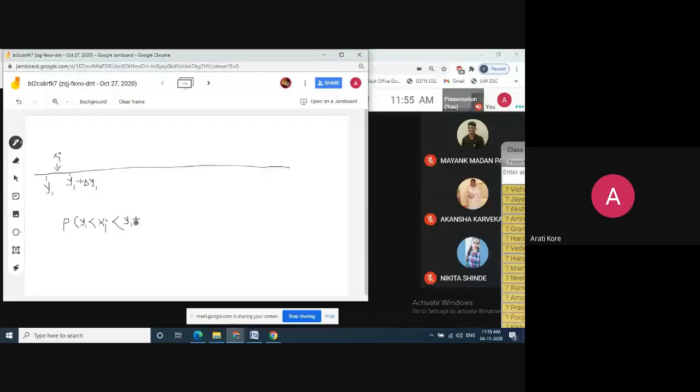This probability, see, anyhow, I know the distribution of xi's, and hence I know the cumulative distribution of xi's also. So once you know whatever information about yi's is there, you have to convert it into information about xi's, because that is the only thing which we know. So what will be this probability? xi lies between y1 to y1 plus delta y1.